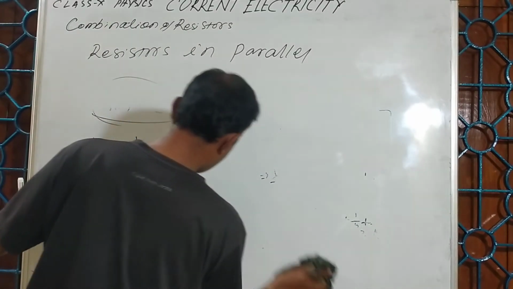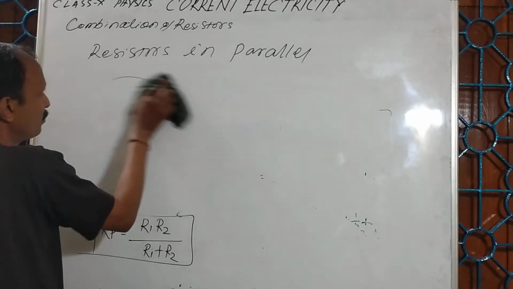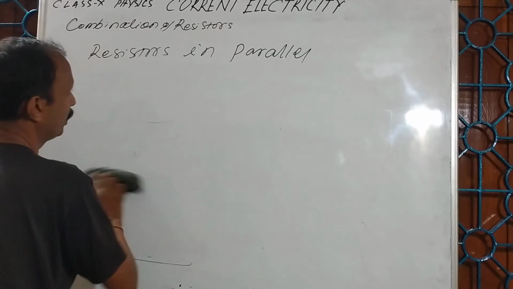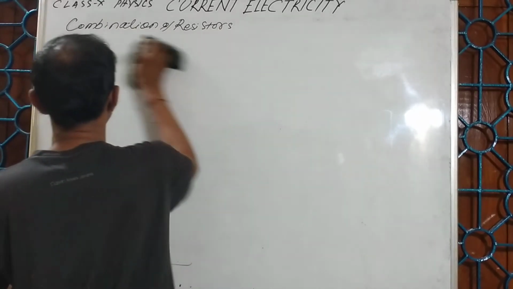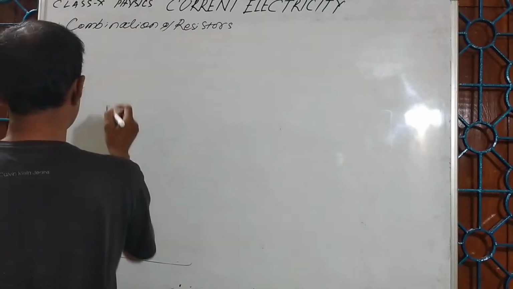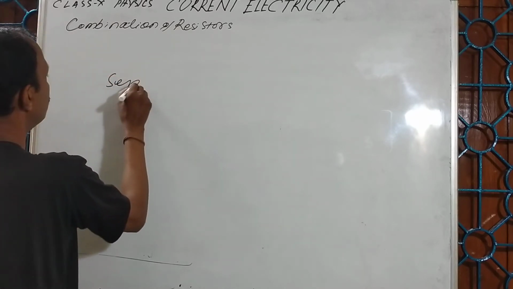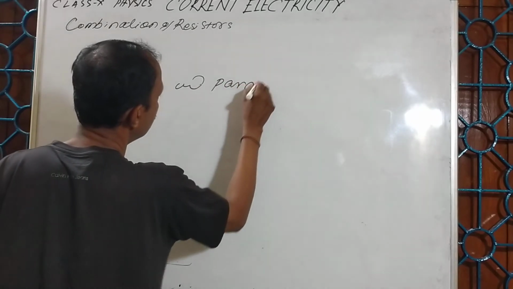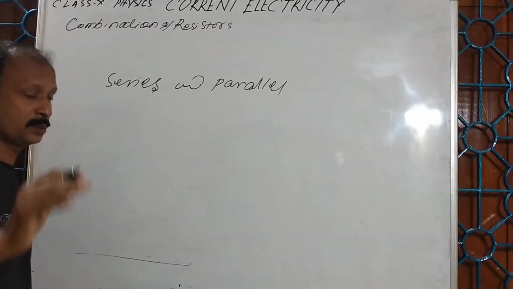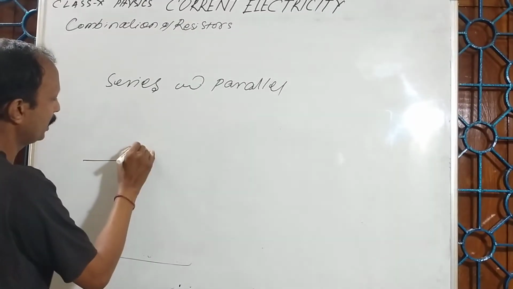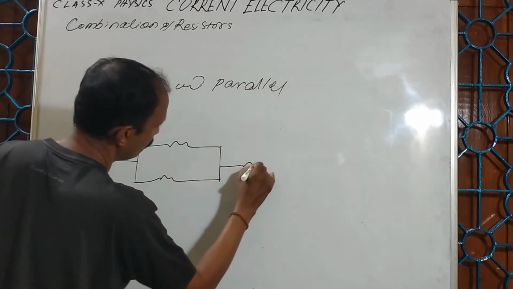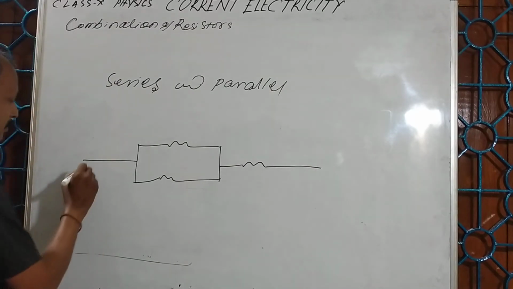And one more connection is there. I said it may be both series and parallel, series as well as parallel. Then we have to connect it like this. Different ways are there.